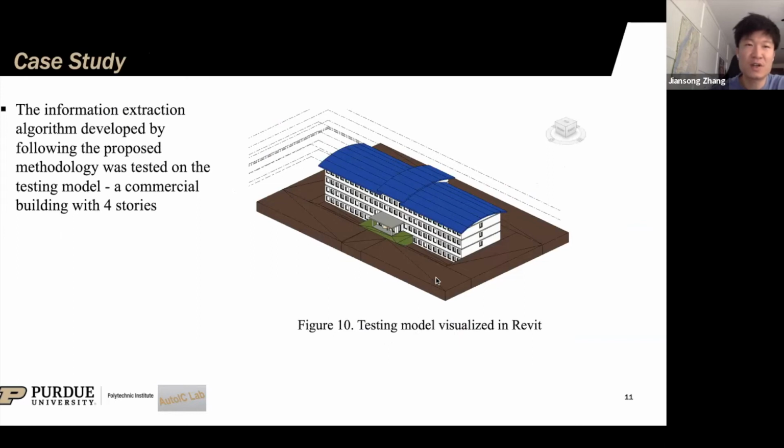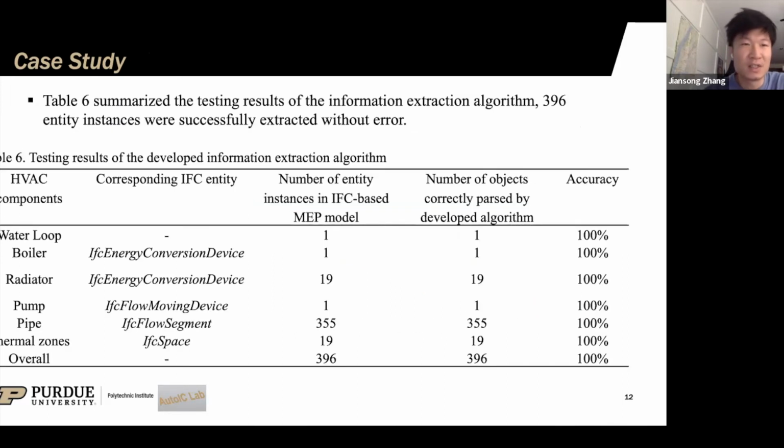Now, let's move on to a case study. The information extraction algorithm we developed by following the proposed methodology was tested on the testing model, a commercial building with 4 stories that we created in Revit. And table 6 summarizes the testing results of the information extraction algorithm.